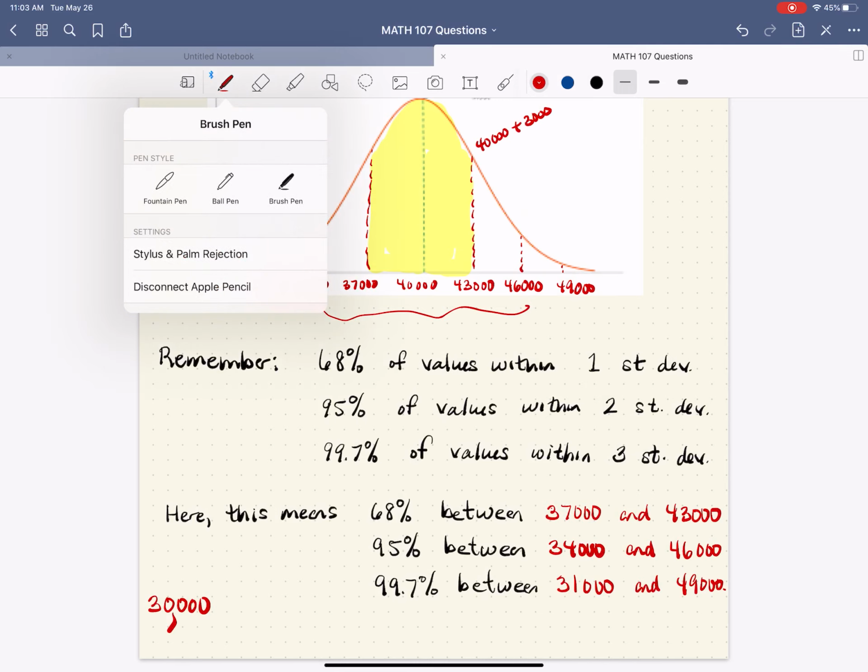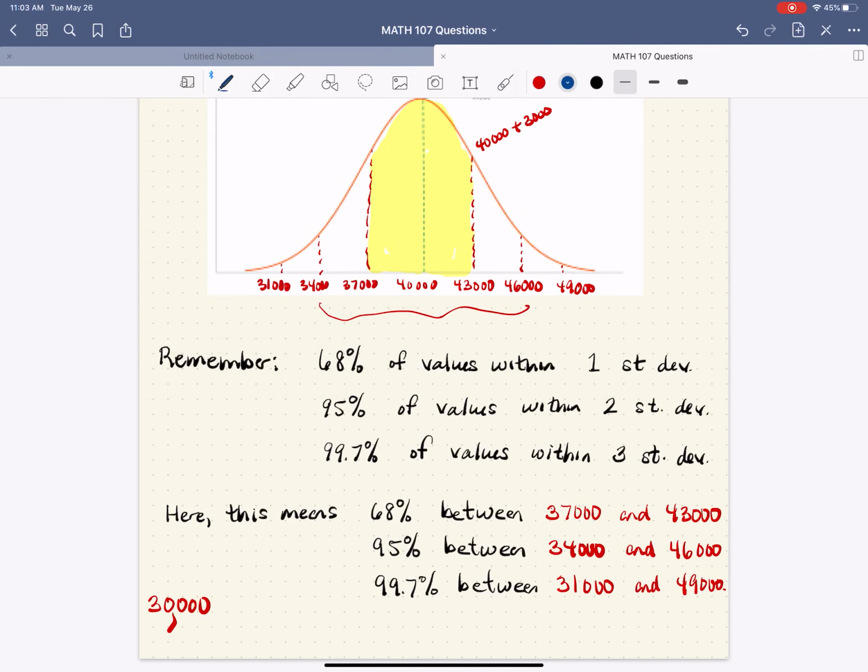If a friend told you that they only lasted 30,000 miles, keep in mind that that's down here on the normal curve. Notice I put the X down there below the 31,000. This is what we would call very rare. And if you think about the histogram that would happen underneath of this, that means that 30,000 is so unlikely that maybe something is wrong.